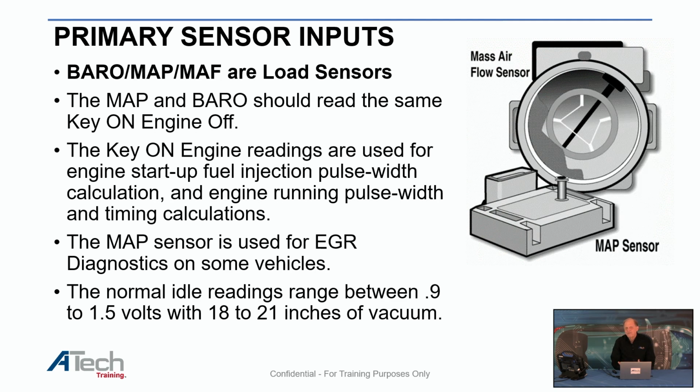Normal readings, what I see, I've seen 0.9 to 1.5 at idle, in that range, with 18 to 21 inches of vacuum in the particular vehicle. So another way to look at it would be 8 to 12 inches of manifold absolute pressure at idle would give you the same kind of readings.